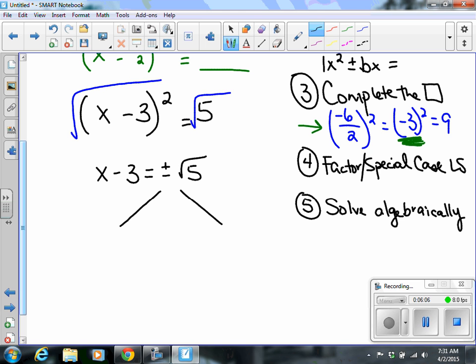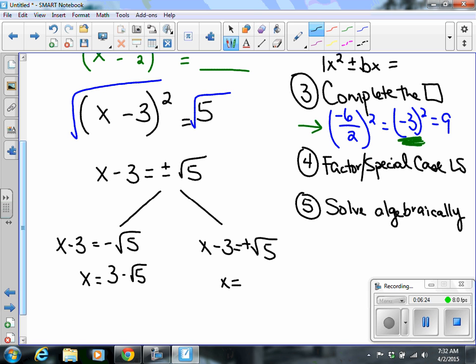I'm going to split this up. I have x minus 3 equals negative square root 5, and x minus 3 equals a positive square root 5. And from here, I'm going to solve for x. So x on the left is 3 minus square root 5. x on the right is 3 plus square root 5. And those are my final answers.